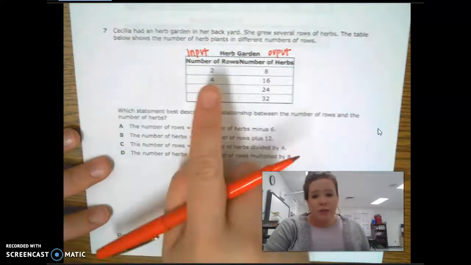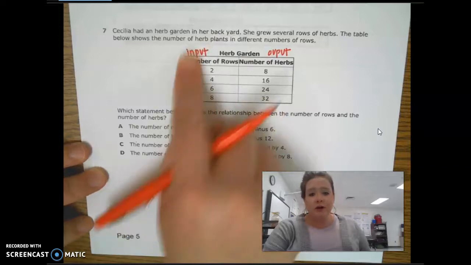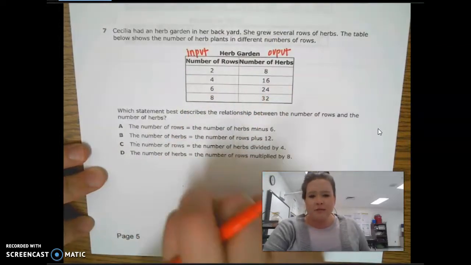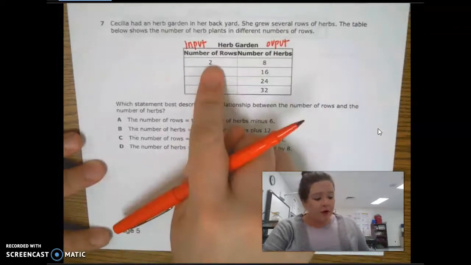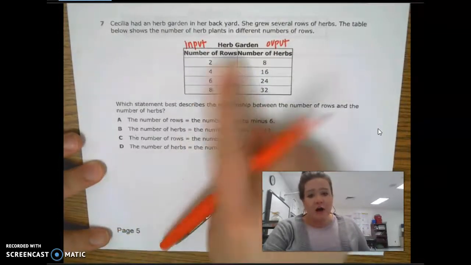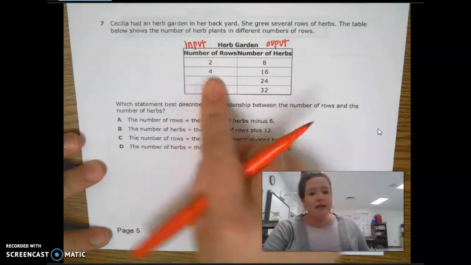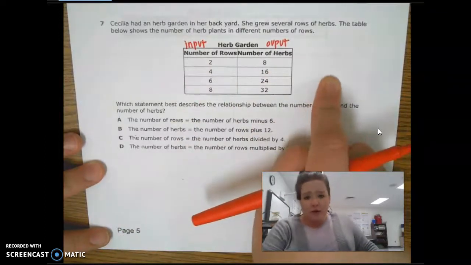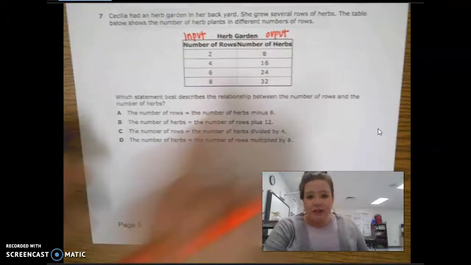What 2 operations can we do when we go from a smaller input to a larger output? Your number goes in the machine and out pops a bigger number. A small number goes in and out pops a bigger number. What 2 operations could be happening in this imaginary machine?